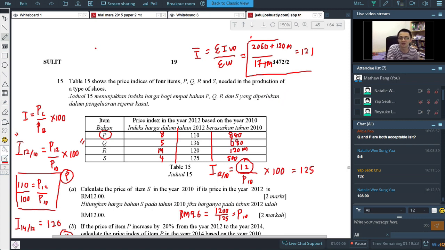Right, so I'm going to solve this equation here. 2060 plus 120M equals 121 times (17 plus M). 17 multiplied by 121 is 2057, plus 121M. Then I will join them together.